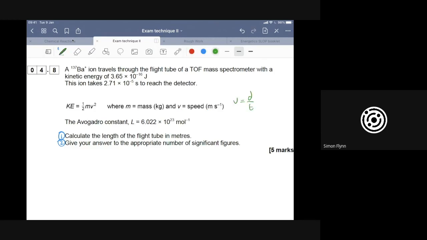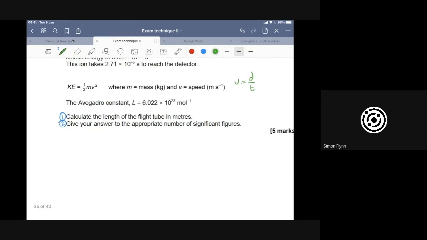And now it's a question of I've got to work out what d is, right? That's what it's asking me to do. So let's just forget the numbers for the moment. Let's just put all of my mental energy into getting the equation ready. So you start with your kinetic energy equals half mv squared.